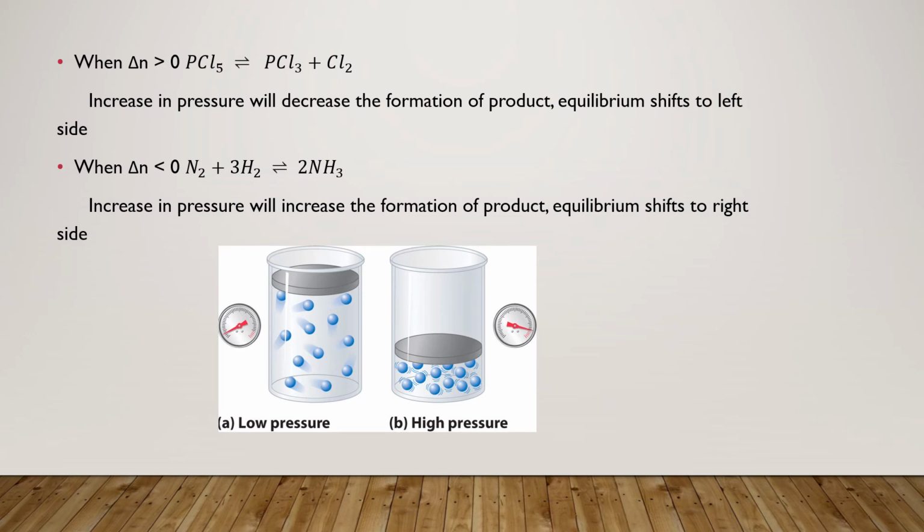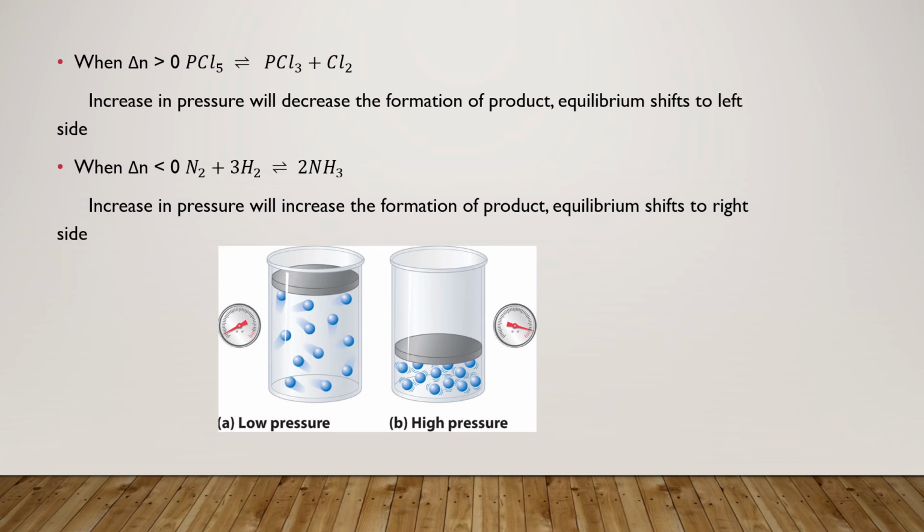Come to the second case, a very familiar reaction. This is the Haber process, used to produce ammonia for industrial purposes. In this case, N2 plus 3H2 gives 2NH3.